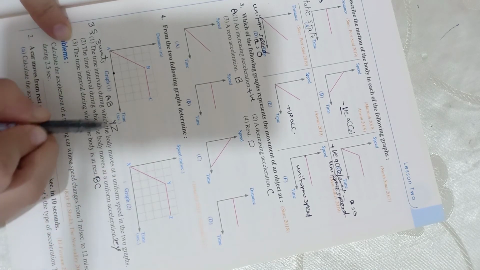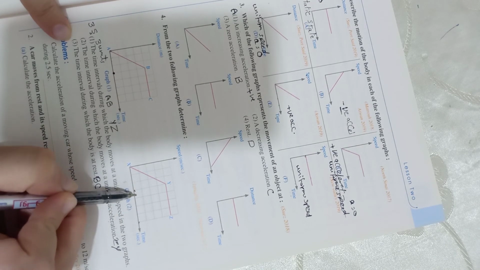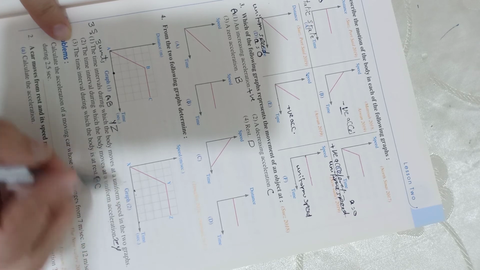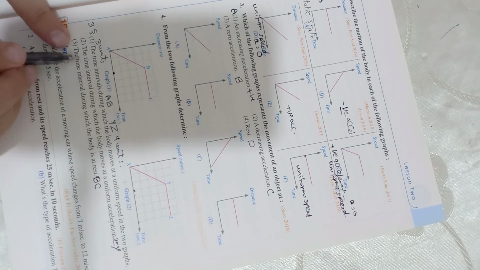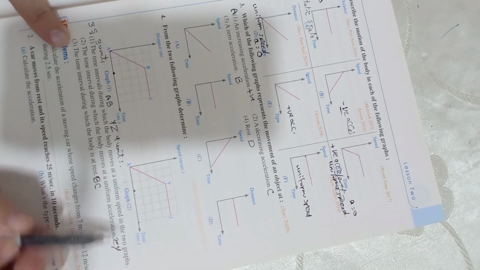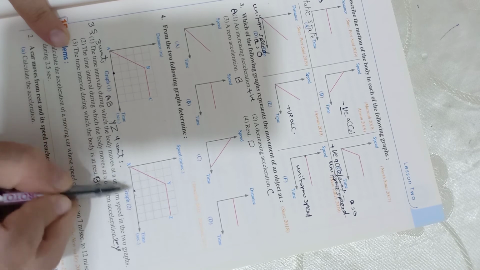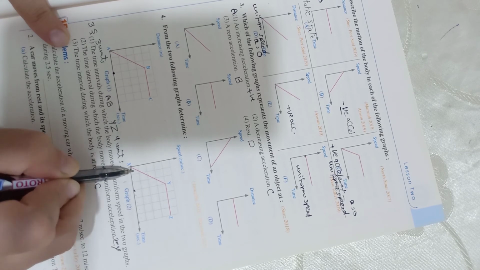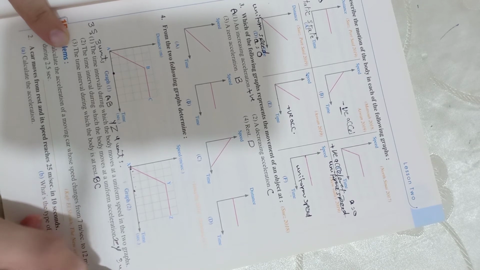The second graph YZ, from Y to Z, squares 2, 3, 4, so it's 4 units or 4 seconds. The time interval xy, from x to y, squares 2, 3, so it's equal 3 units or seconds.